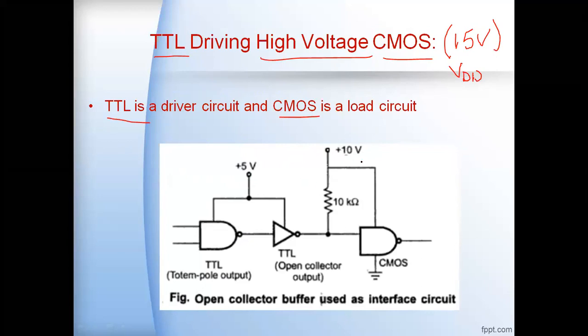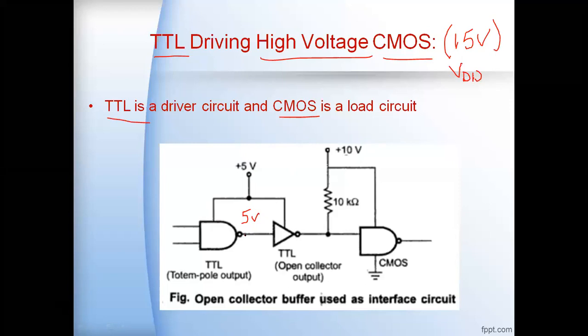Here you can understand that when the CMOS circuit is operating with VDD greater than 5 volts, this situation is very difficult for the TTL output, because at maximum you may get 5 volts from a TTL output, or even below 5 volts here.